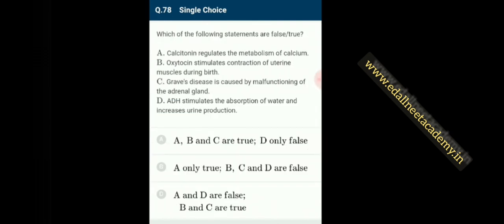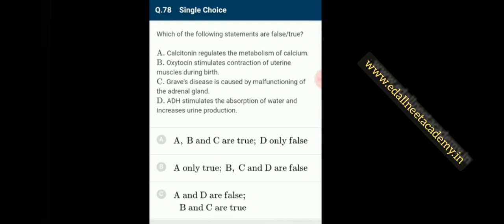Question number 78. Which of the following statements are false or true? Here four statements are given. Calcitonin is a hormone released by the thyroid gland that regulates calcium and phosphate metabolism in blood. Parturition is the process of childbirth where the uterine muscles contract to force the baby out of the mother's womb. Uterine contraction is stimulated by the hormone oxytocin, which is released by the posterior pituitary.